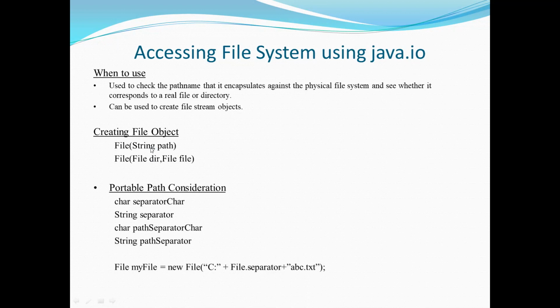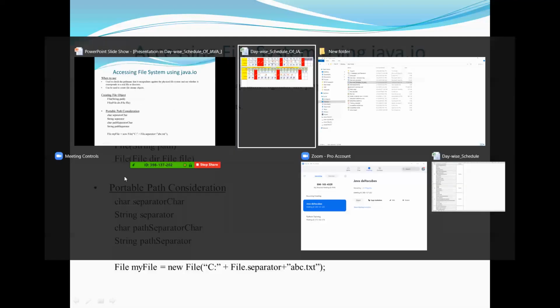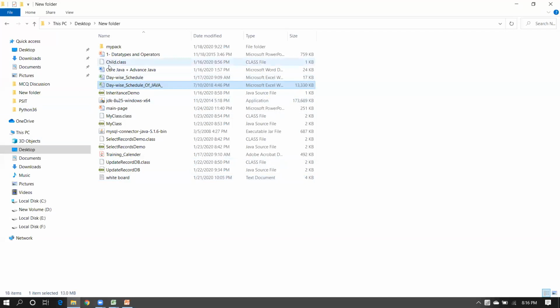So what do I mean to say? Just look at here, this one. Okay, so look at this path. As you know, this C colon, I hope it is visible, C colon slash user slash HP slash desktop and new folder. Okay, so this file system's path is for Windows, the operating system I'm using.